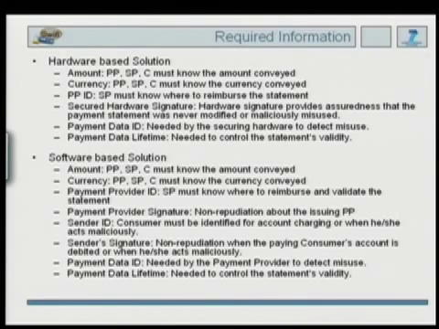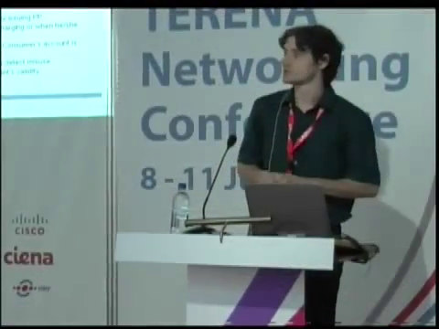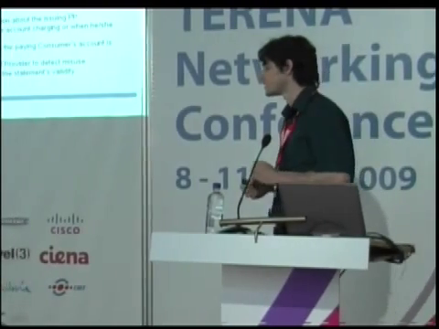The hardware-based solution needs an additional secured hardware signature, a payment data ID, and a payment data lifetime, while the software-based solution needs an additional signature of the payment provider, the ID and the signature of the payer, and, as mentioned before, payment data ID and payment data lifetime. And all this information should be transmitted within the federation.